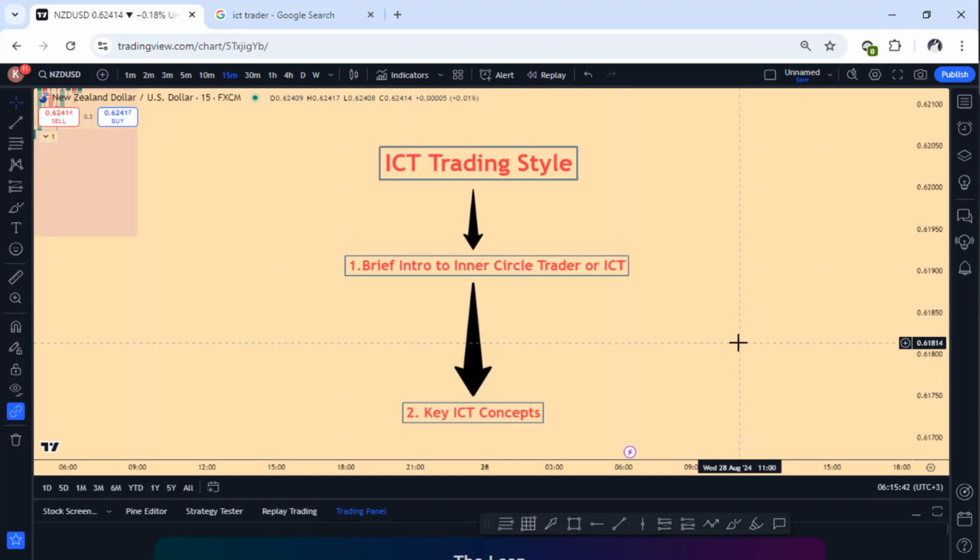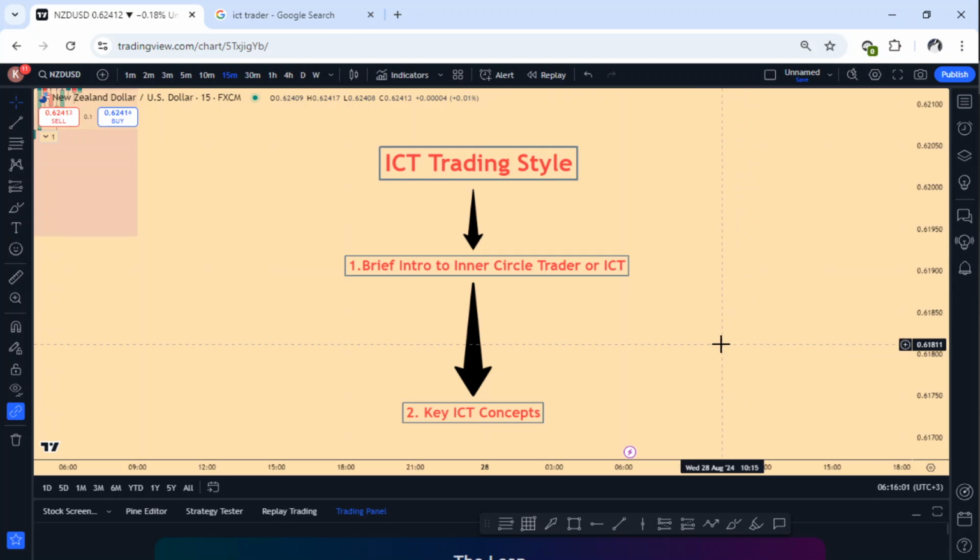ICT trading style refers to the Inner Circle Trader approach, a methodology developed by a trader named Michael J. Huddleston, who is also known as the Inner Circle Trader, or just ICT.